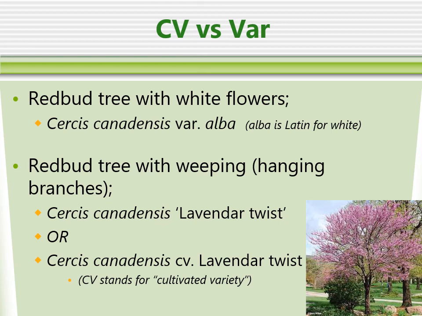That indicates it's a cultivar. Or what some people do is they write CV dot and then the name lavender twist. Again, not italicized. Now, CV stands for cultivated variety, which talk about further confusion. For the longest time, I thought CV was short for cultivar, but it actually is short for cultivated variety. Anyways, if you're in the camp of loving taxonomy, then you get right into this kind of stuff.